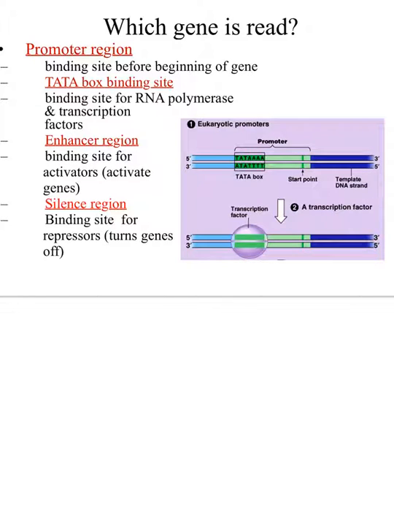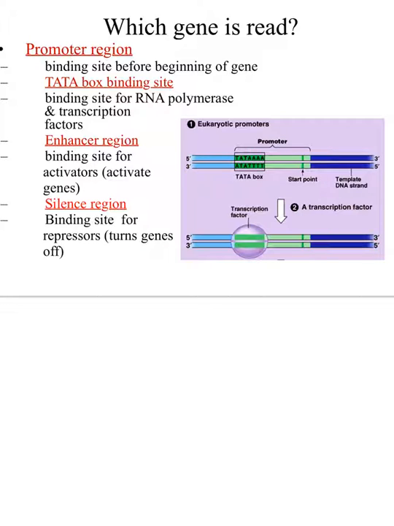So how this works is there is a binding site where the gene is. So when you have a gene, there's a TATA box, basically is what they call it, a TATA letter sequence, and that is part of a promoter. So the promoter region is a binding site that occurs before a gene.